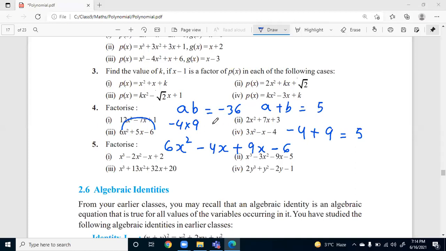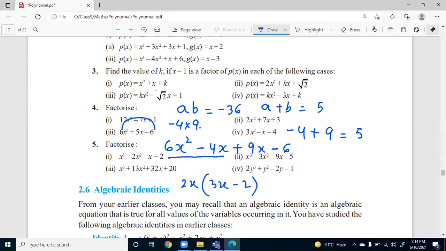So we got the factors of these terms as minus 4 and 9. When we multiply minus 4 and 9, it is minus 36, and when we add minus 4 plus 9, it is 5. So proceeding further, I can take out of the first two terms 2x as common. Then what remains in the bracket is 3x minus 2.